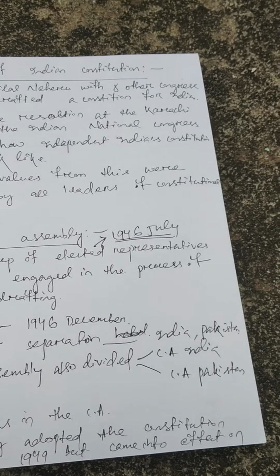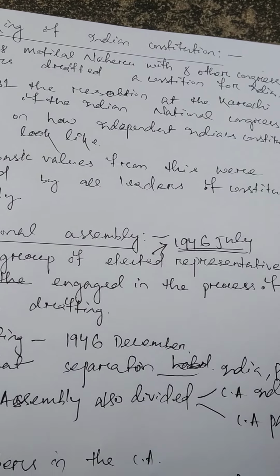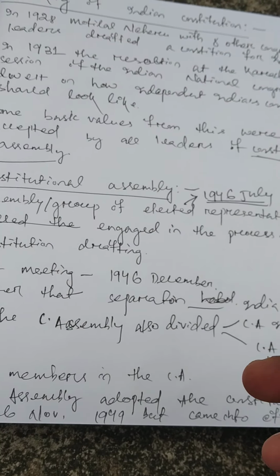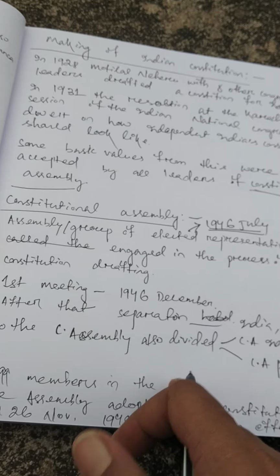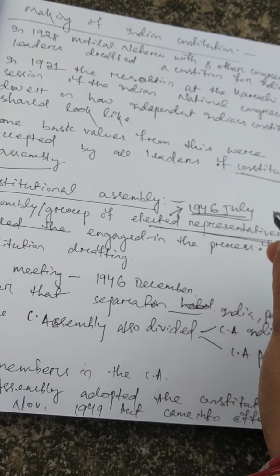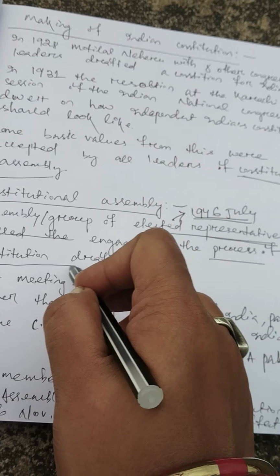So we will discuss what the Constituent Assembly is. The Constituent Assembly is a group of elected representatives engaged in the process of constitution drafting.